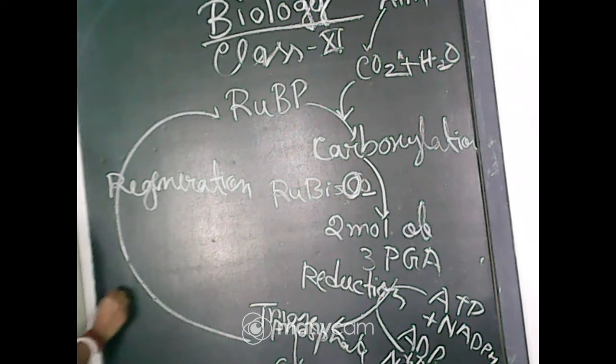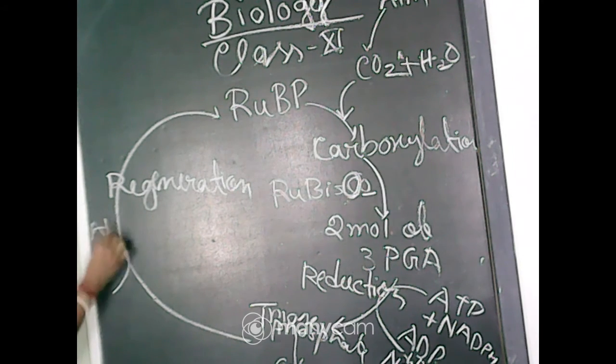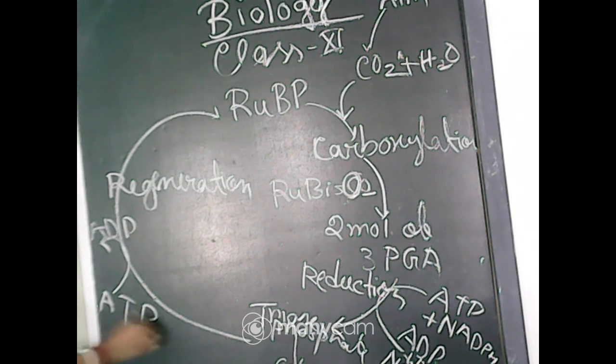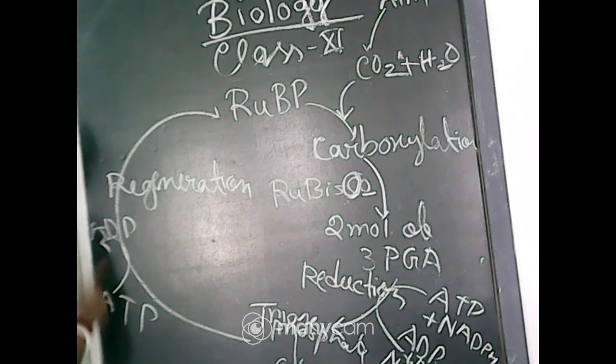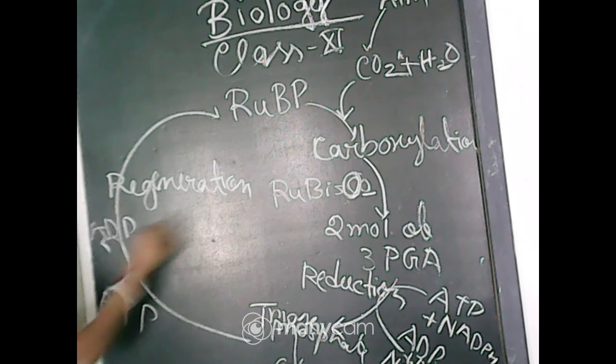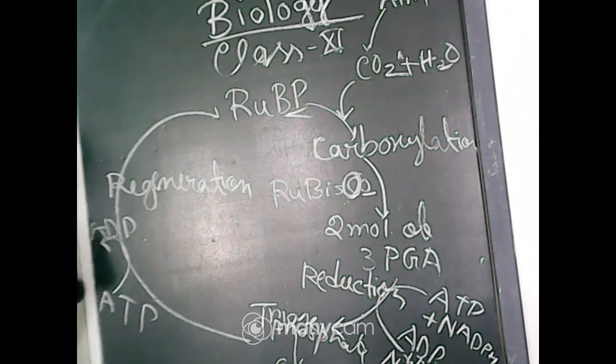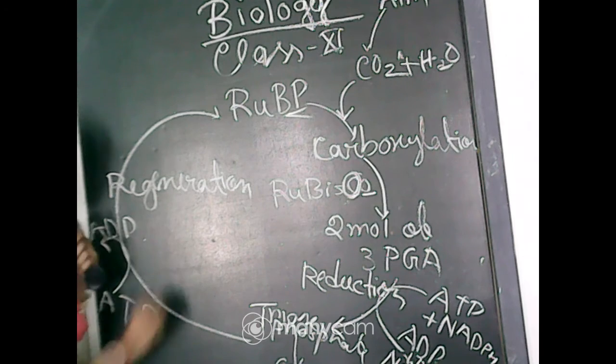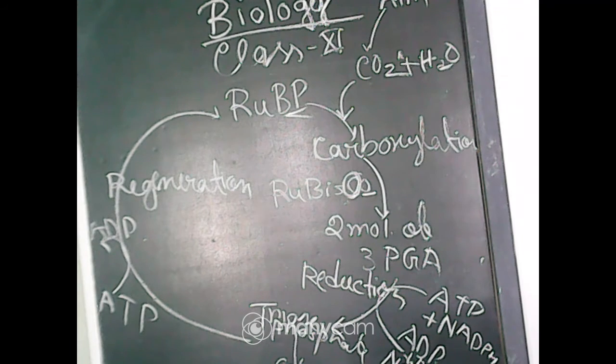In this particular step also 1 ATP will be required for the phosphorylation. That means when 1 ATP breaks down, it will convert into ADP plus inorganic phosphate, and this phosphate will be required for this step. So that is the regeneration step, and those are the main steps of the Calvin cycle.